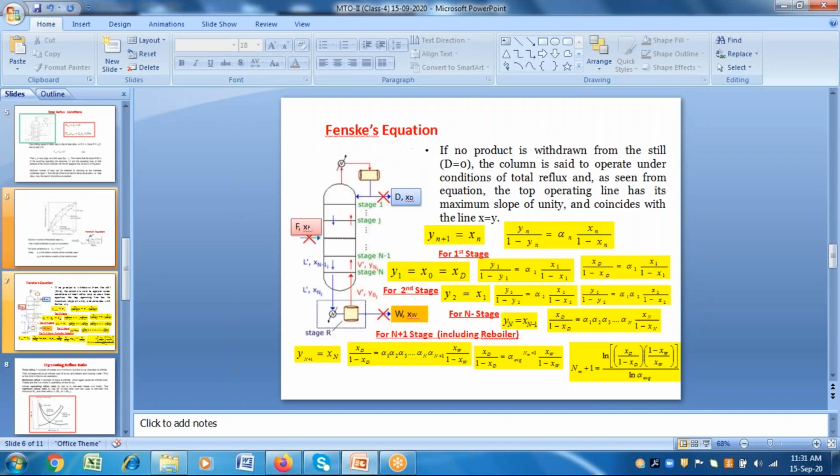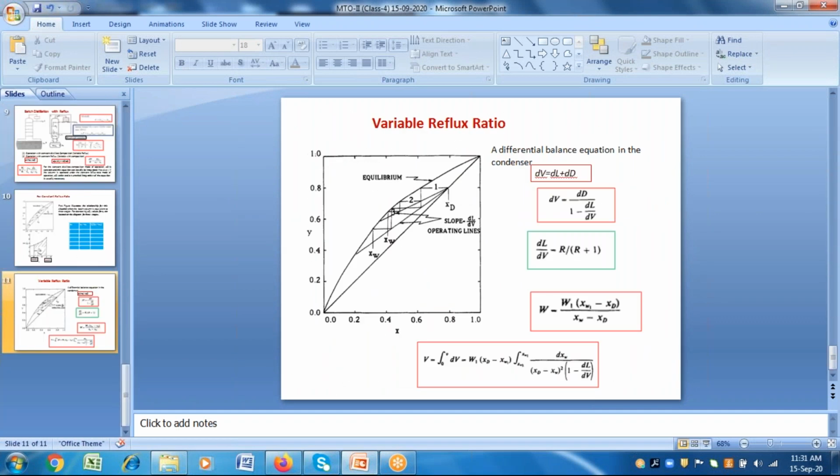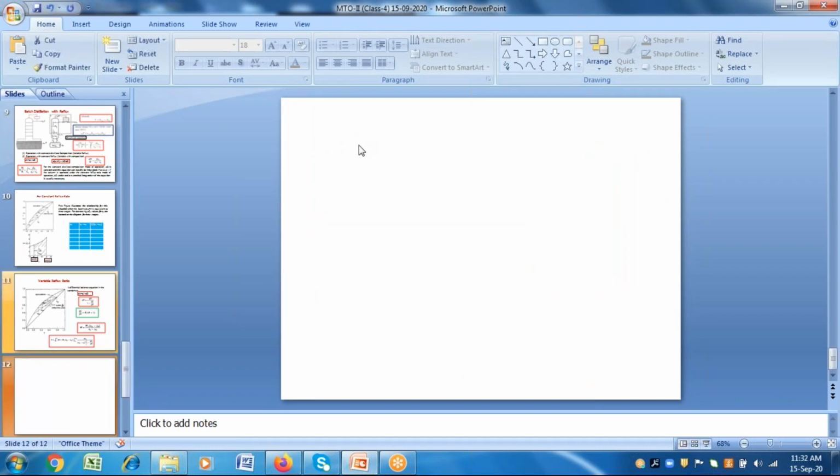I will write down here the XY data. I think everybody is able to see this, isn't it? You please note down.